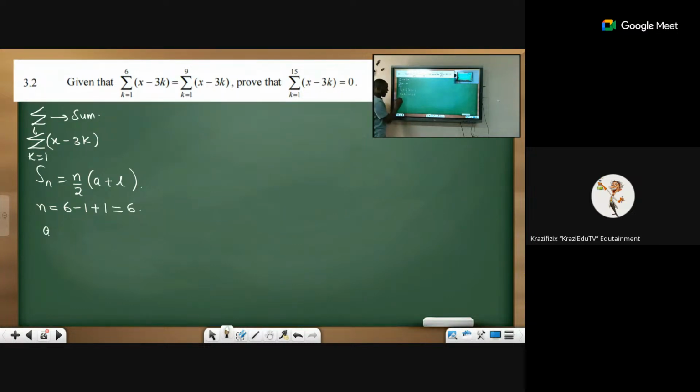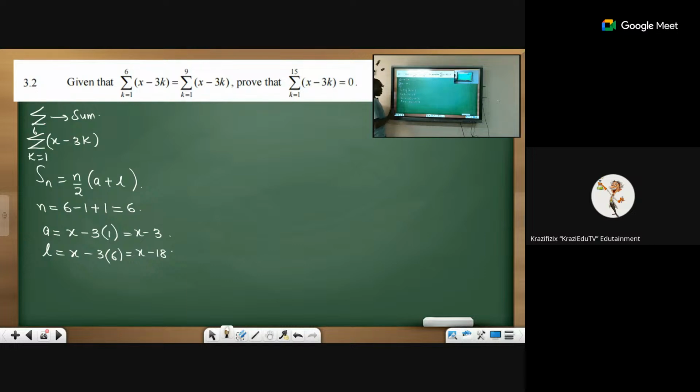What is our a? X minus 3, but k is what? 1. And what would that give us? X minus 3. What is the last term? X minus 3, the number on top. What's your answer? X minus 18.